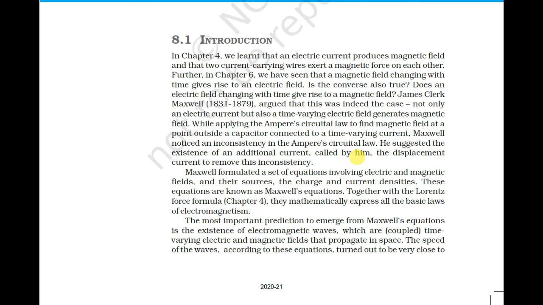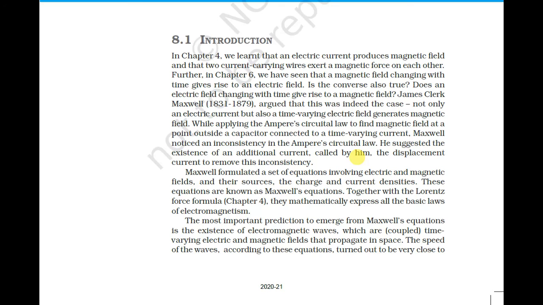The most important prediction emerging from Maxwell's equations is the existence of electromagnetic waves. These are generated by time varying electric and magnetic fields that propagate in space.